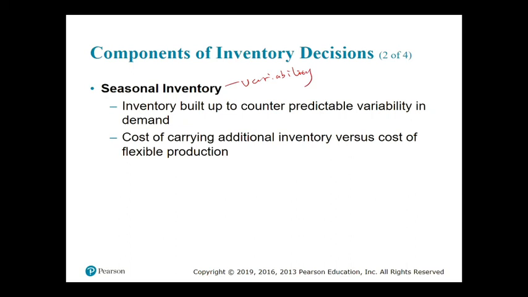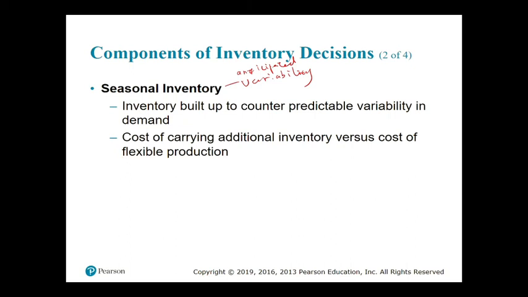But this is anticipated variability. So it's not really uncertainty. You anticipate that demand will go up in the next season.